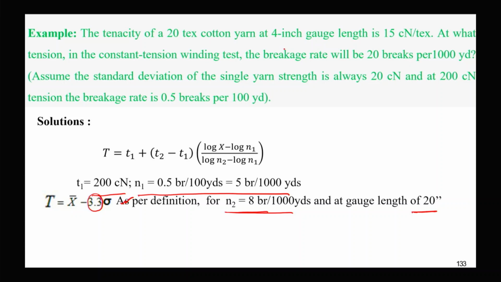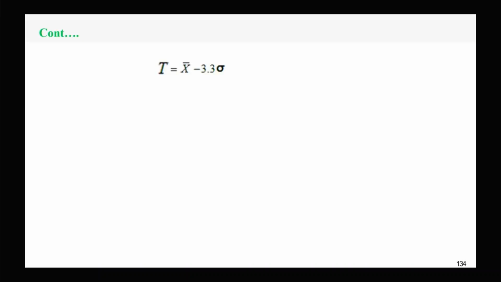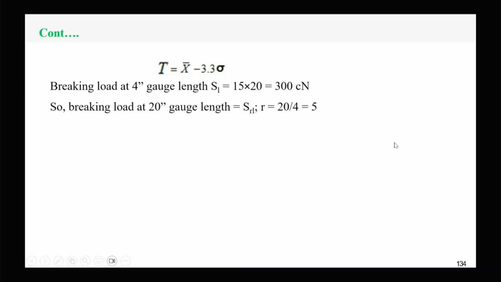So here our gauge length is 4 inch. So we have to calculate the strength at 20 inch gauge length. So breaking load at 4 inch gauge length is 15 multiplied by 20 tex, so 300 cN. What will be the strength at 20 inch gauge length? Let us see. Standard deviation is given. So 4 inch gauge length is 300 cN.